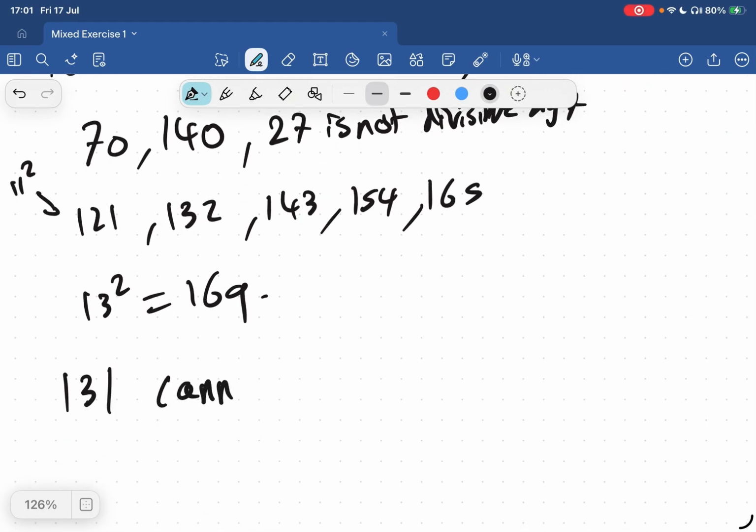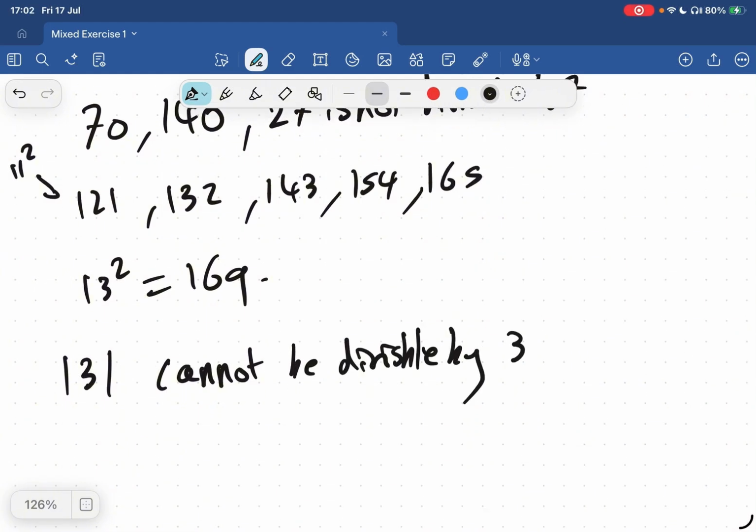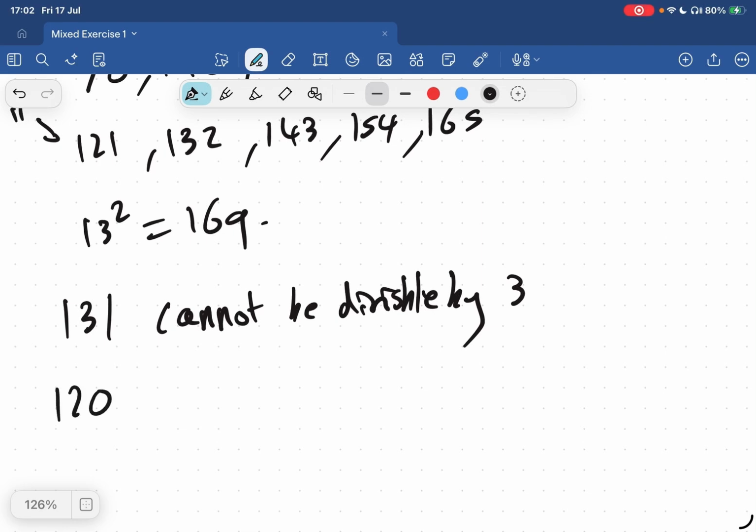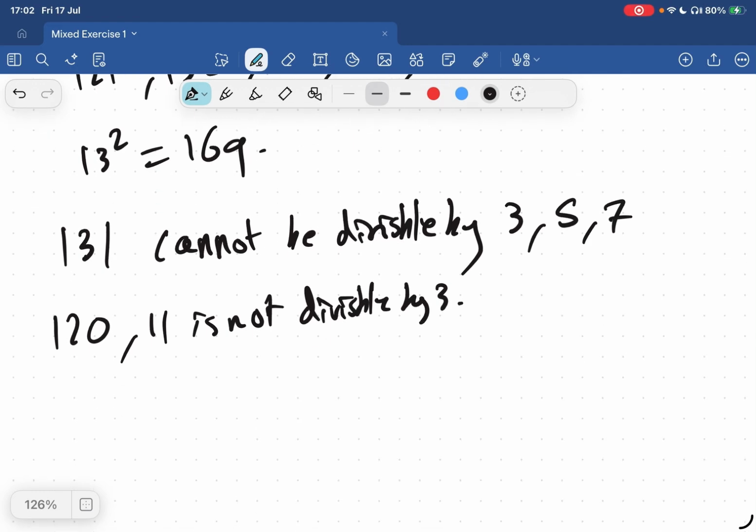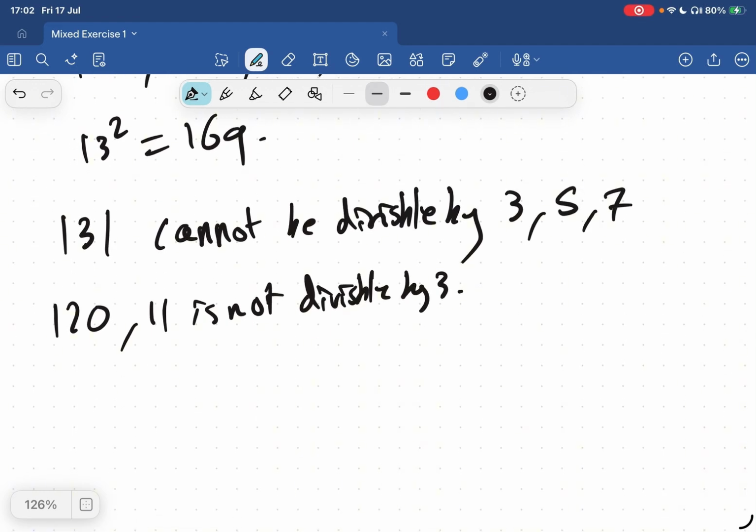So 131 cannot be divisible by 3, because 120 is divisible by 3, and then 11 is not divisible by 3. It doesn't end in a 0 or a 5, so not 5. What about 7?